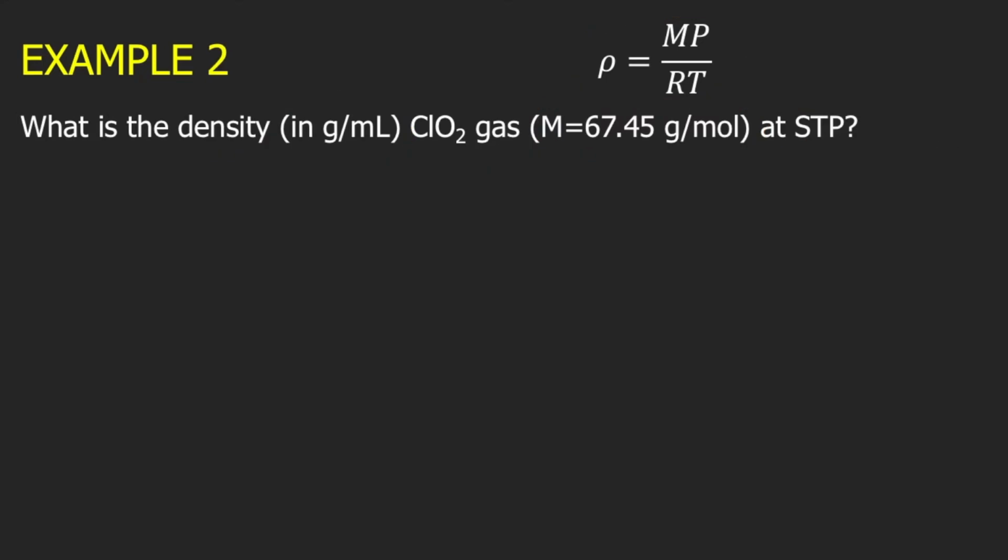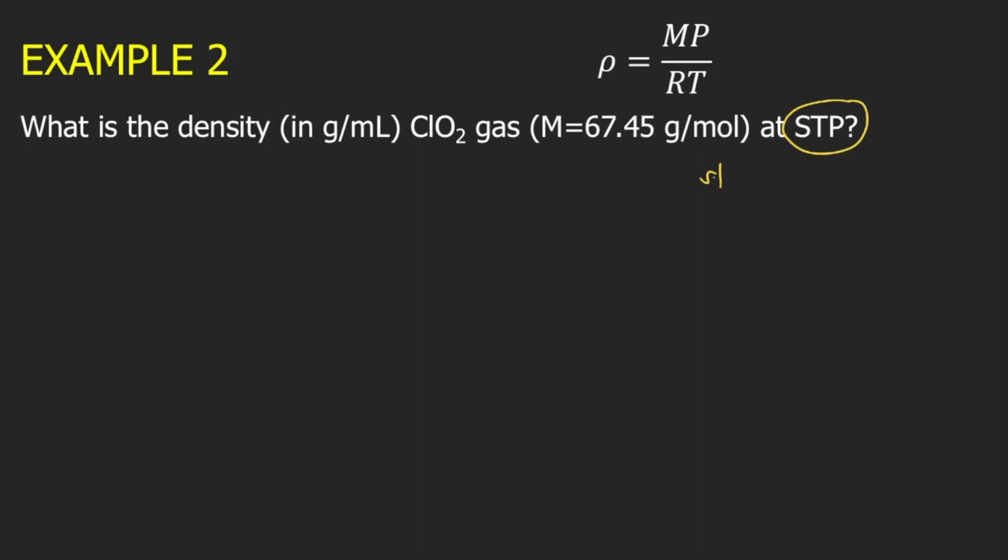Example 2, what is the density in grams per ml of ClO2 gas at STP? Now, if you have some free time, I made a separate video about STP, so you can watch that using the link on the description box. So in that video, I told you the definition of STP.